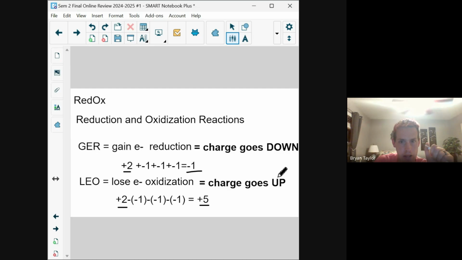Here is why. Okay? What ends up happening, if you have charges, let's say +2 for both, if you're gaining negatives, because electrons are negative, 2 plus -1 plus -1 plus -1 is -1. 2 to 1 to 0 to -1.